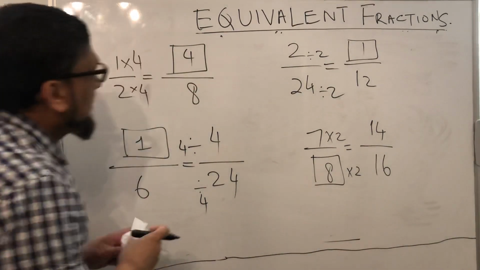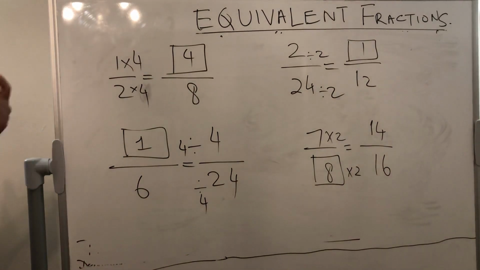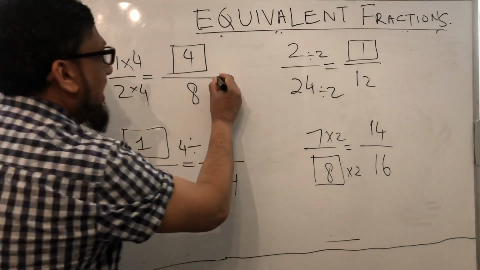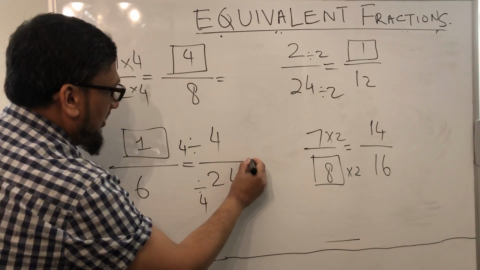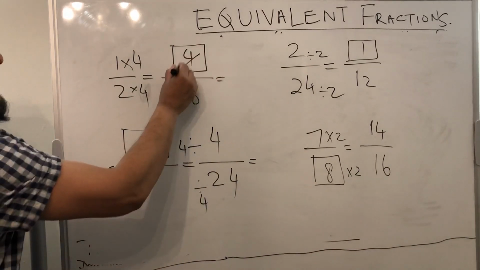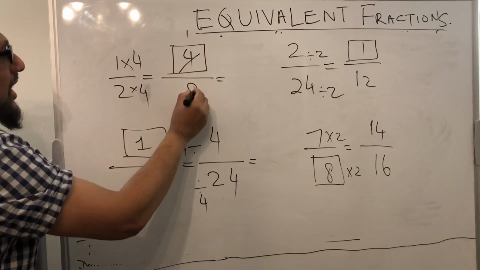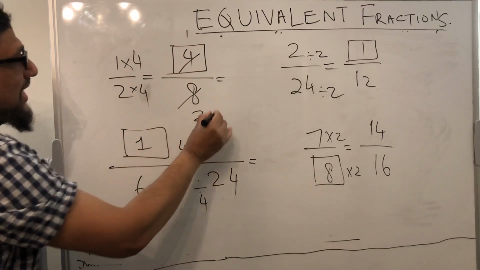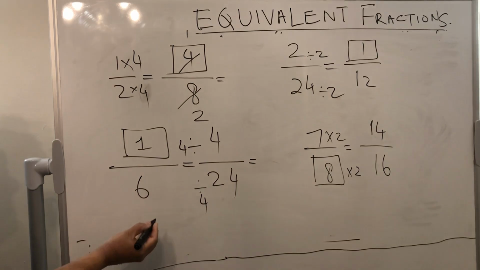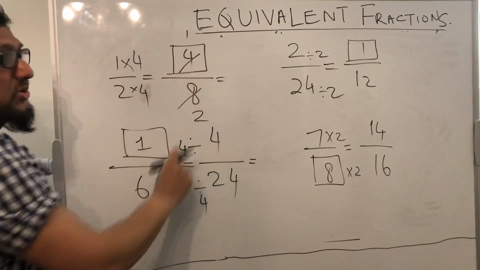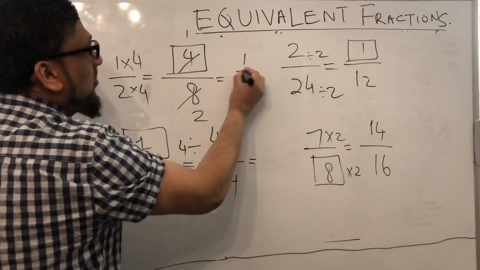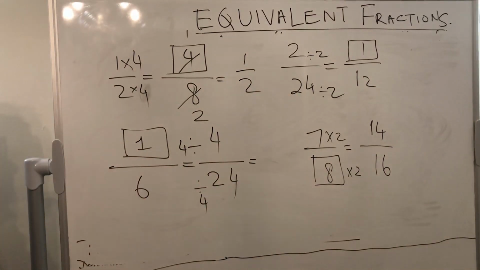I'm going to further explain how the values are the same, okay? Look at here. 4 divided by 4 is 1 and 8 divided by 4 is 2. So if you simplify these two fractions, the value becomes 1 over 2.